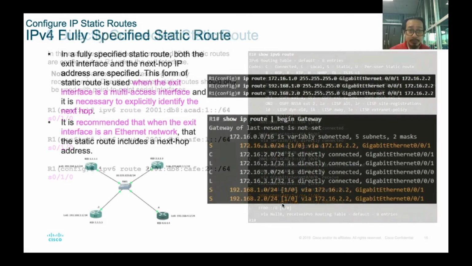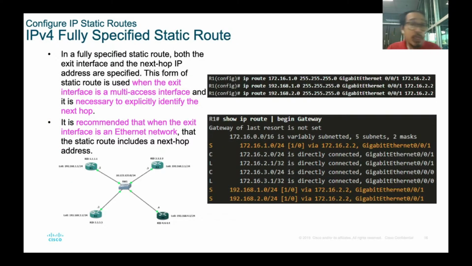But there is a situation when we need to configure our router with both an exit interface and a next hop. Remember, if you give a next hop, you still need to figure out which exit interface. But there is a situation where we put an exit interface and the router doesn't know which next hop. In which situation?